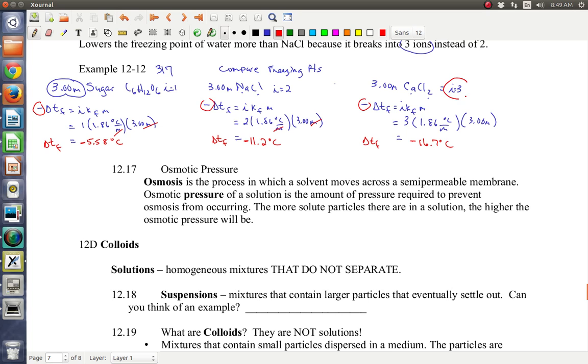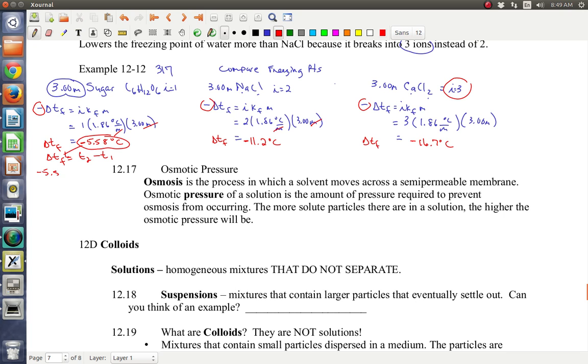The one that has the greater particle count: negative 16.7 degrees. The freezing point would go down 16.7 degrees. And since we're dealing with water, if I wanted to know what the freezing point actually was, I would put in the change. This number right here would go directly into here.